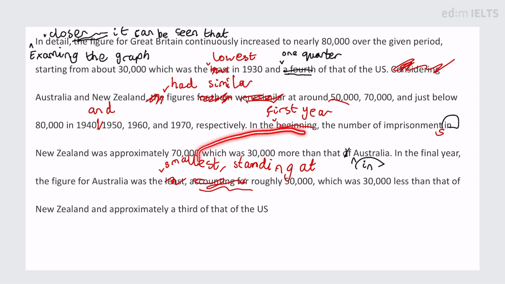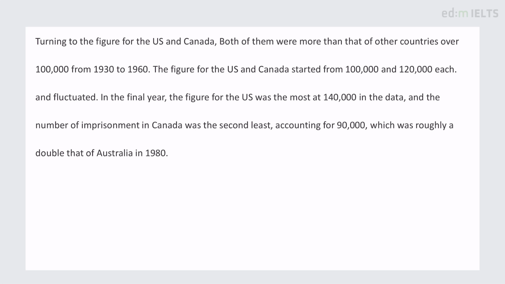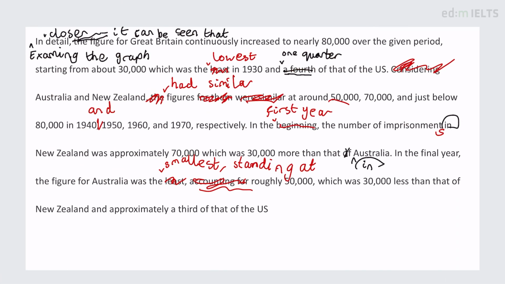It's a bit repetitive, isn't it? Which was 30,000 more than that of, which was 30,000 less than that of. So there's kind of an over-reliance on that structure, which was roughly double that of. It's a student who I recommended using that too in a previous essay, but just is kind of overusing it now. We need to have more range.